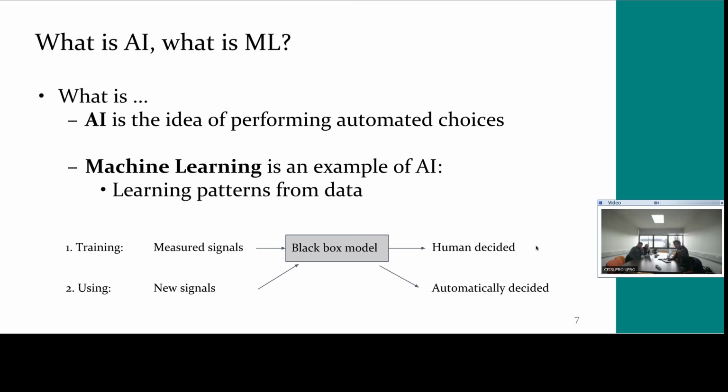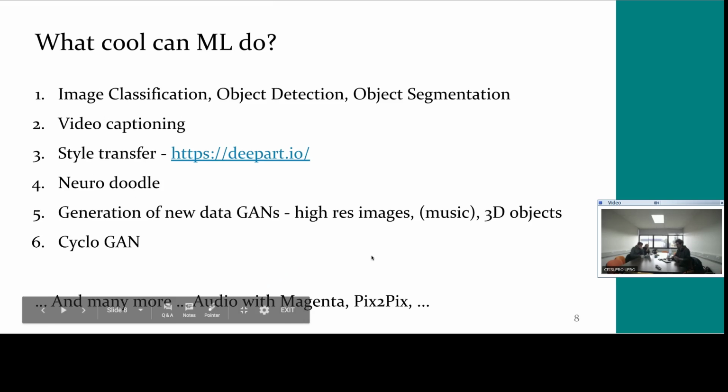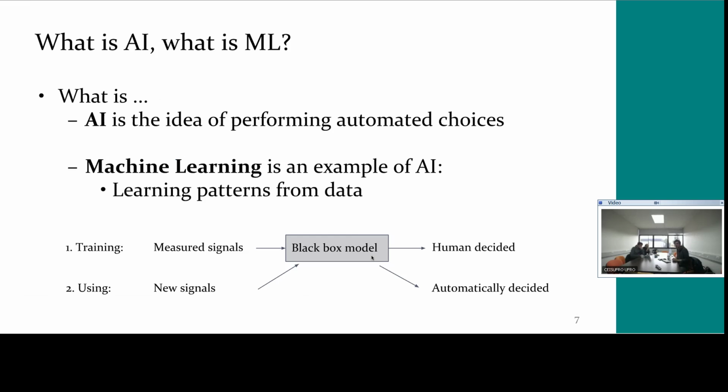When we have this, the second part is a black box model, which is replaced with some models from machine learning. When we have this, we can give it a new signal or new data or new image and then get an automatic decision. This is how machine learning works. We will get to this diagram again later when we get into the details of the models.